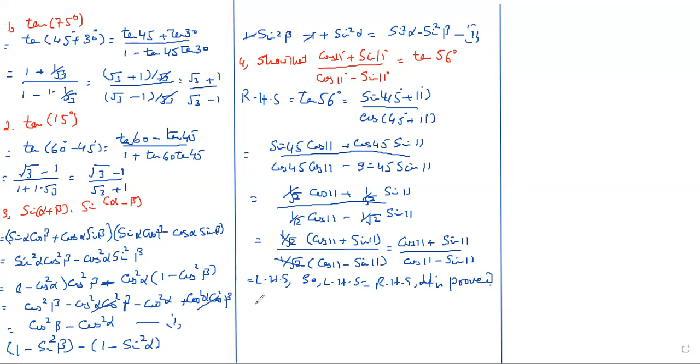So question number 5 is: 1 minus tangent theta tangent phi divided by 1 plus tangent theta tangent phi equals cosine theta plus phi divided by cosine theta minus phi.